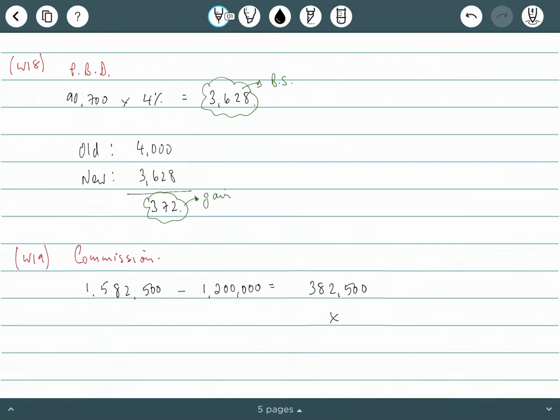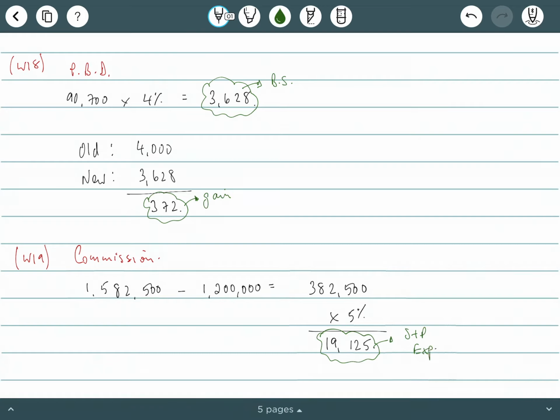Multiply that by 5%. I get 19,125. So that there is going to be a selling and distribution expense, as it's based on sales.